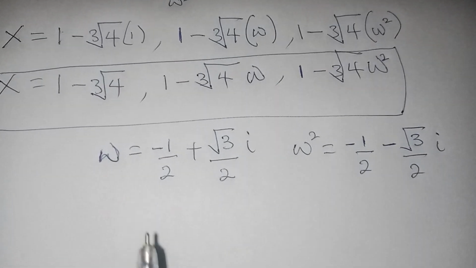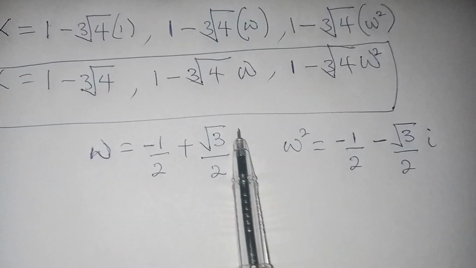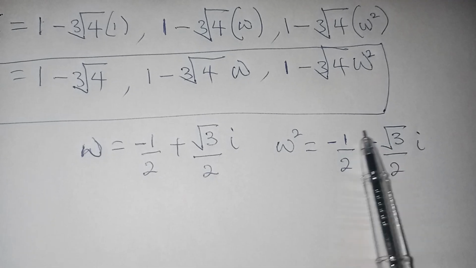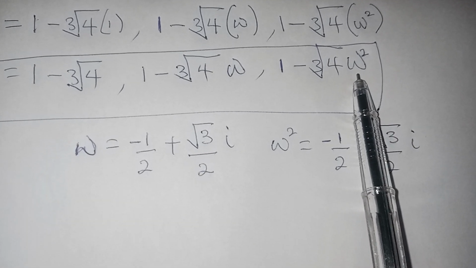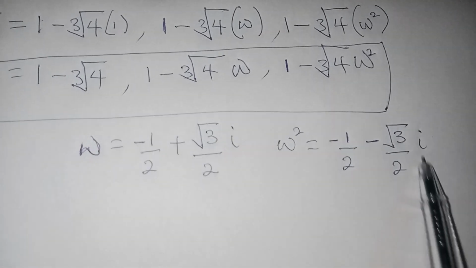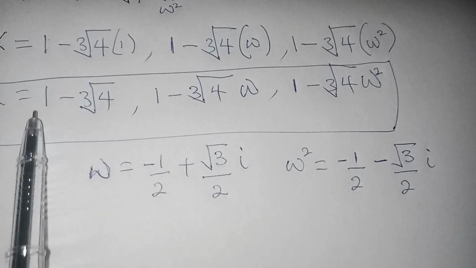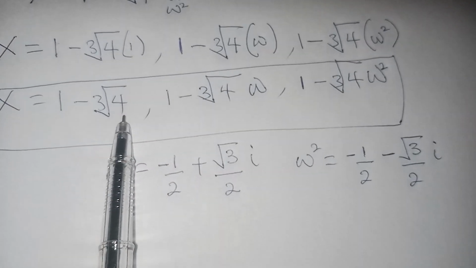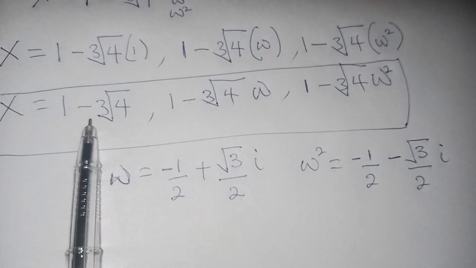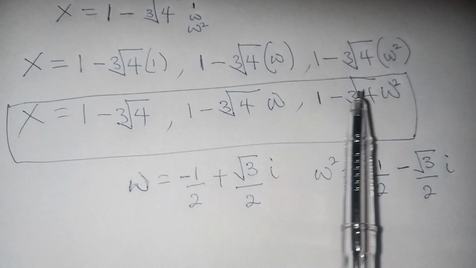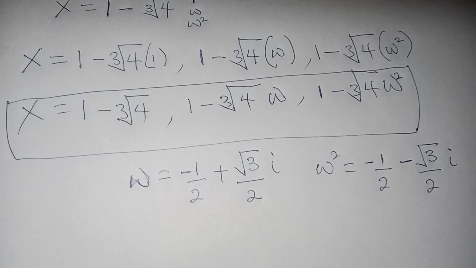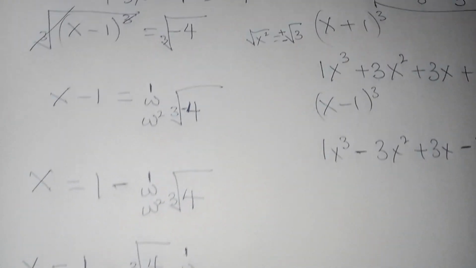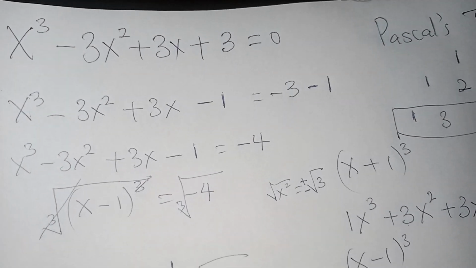So if you want to get a final equation, all you need to do is substitute this value wherever you see omega, substitute this value wherever you see omega squared, and just simplify as follows. And then the final thing is 1 minus whatever you get here. So this is the real solution for x. The rest are complex numbers. Hope it's clear. All right, so these are the solutions for x in this particular equation.